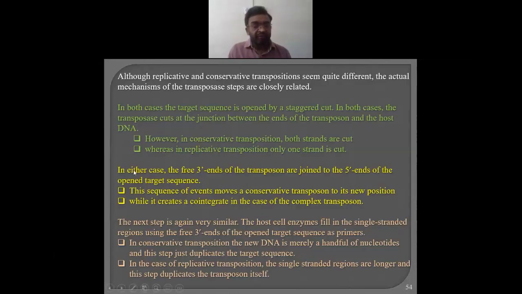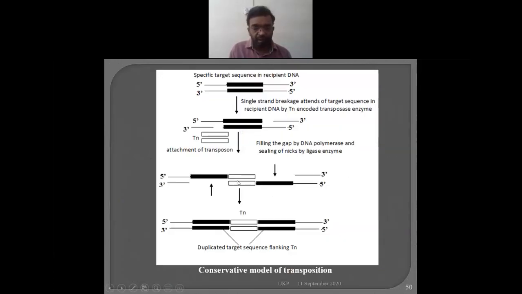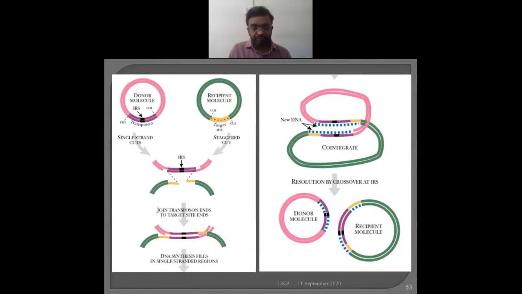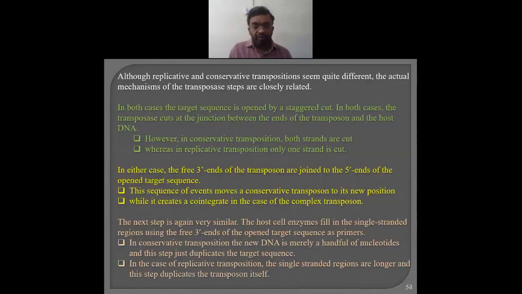Then another similarity and difference: in either case, a free 3 prime end of the transposon is joined to the 5 prime end of the target. In both, joining is mediated here and here. But how is it different?